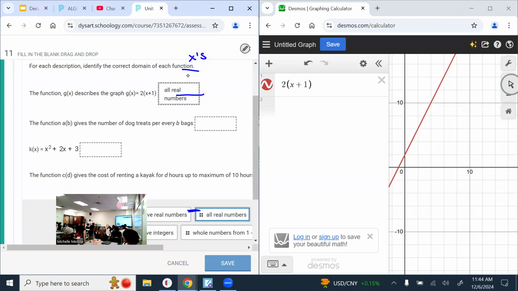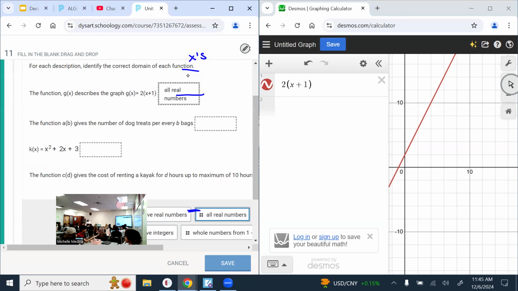Then it says function a of b gives the number of dog treats for every b bags. So you got it where it's only asking about the domain. Between the two things being compared, which would be the input? The number of dog treats or the number of bags? Incorrect.